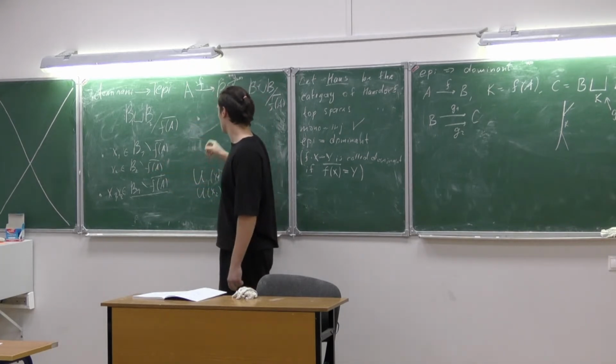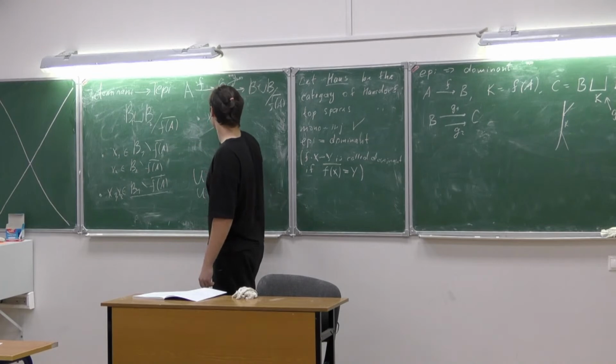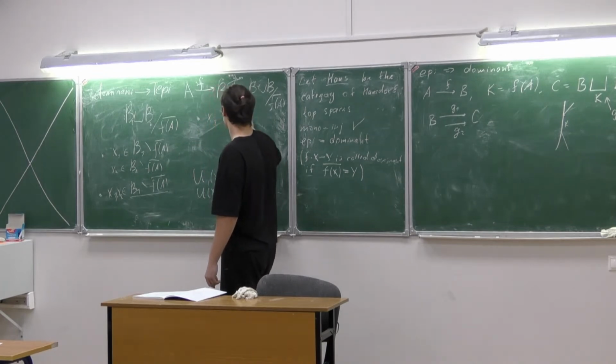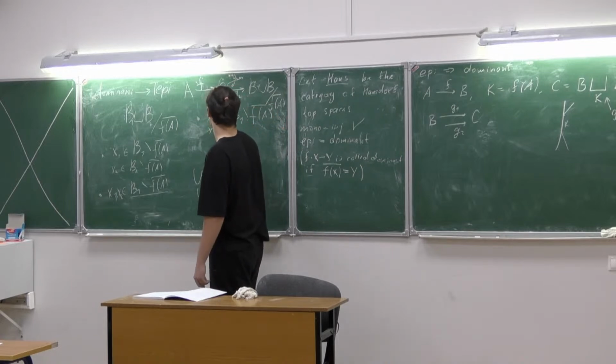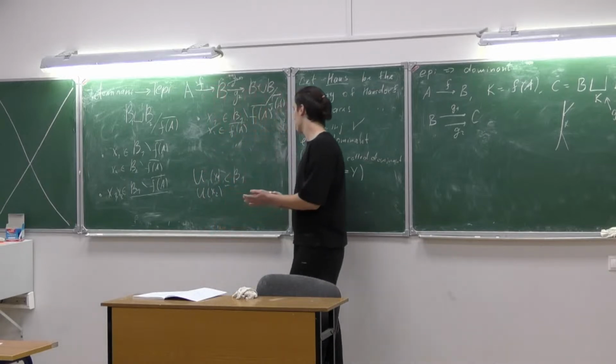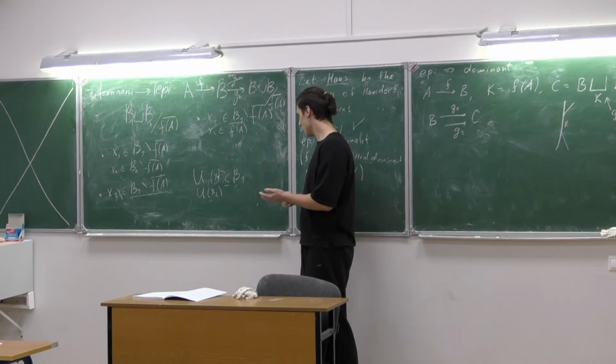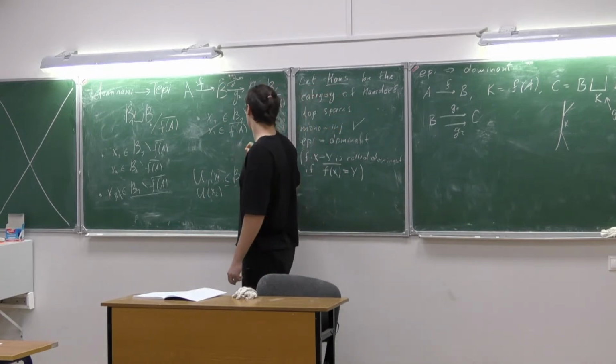Third situation, when x1 is in one of the copies, and x2 in the image of closure of f of A. In this case, we should find two non-intersecting vicinities in B1, for example.